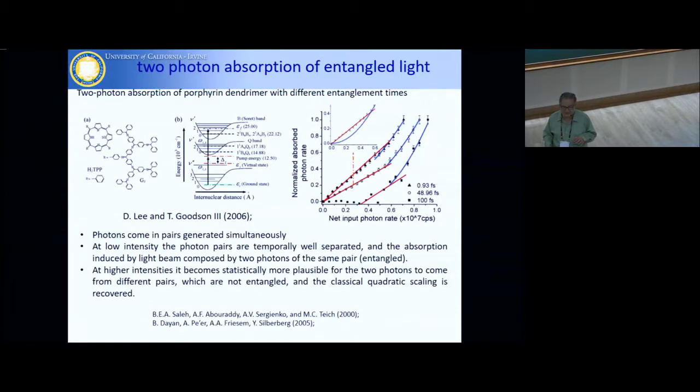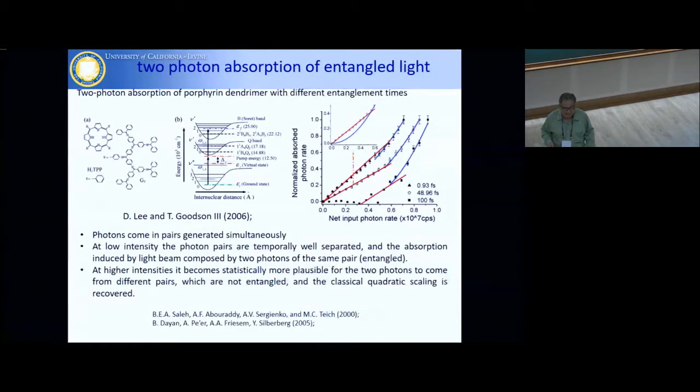And this is why it is linear with the intensity. As you increase the intensity, you get more and more pairs of photons, and statistically, you will have the possibility of one photon coming from one pair and another photon coming from another pair. And then you lose the quantum effect, it becomes like classical light, and you get the quadratic behavior.